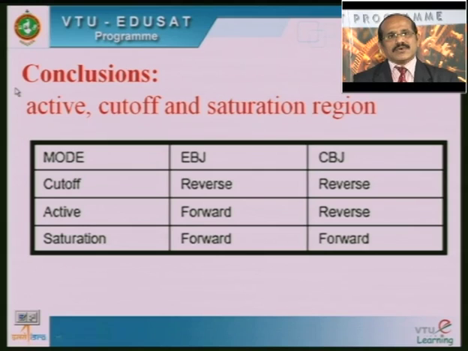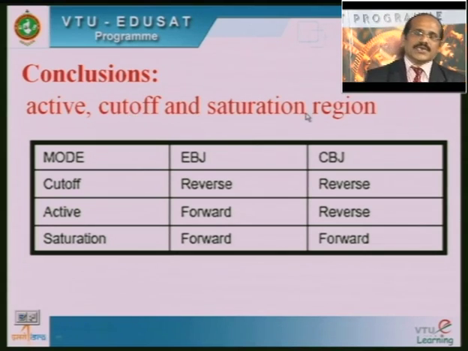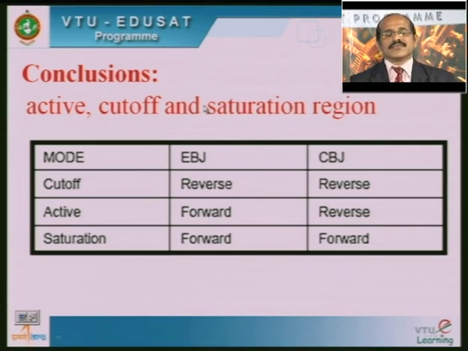Whenever it is used in the active region, it is called an amplifier. When the BJT is operated in either the cutoff or saturation region, it acts like a switch.